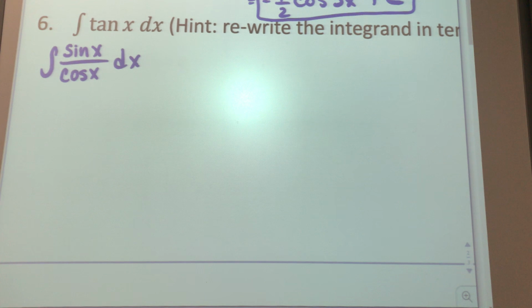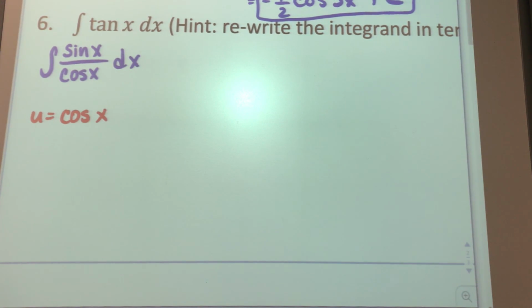Alright, and then these sometimes can get challenging when you have these fractions trying to decide what's the inside and outside, and they really do kind of change from problem to problem. So try it one way, if it doesn't work, try it another way, and eventually it's going to all kind of start making sense to you. So u, in this case, and in a lot of the cases, u is some form of the denominator.